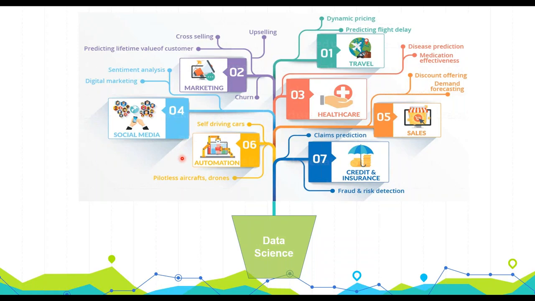The one I just told, where to sell or where to set up advertisements for a new product, is an example of data science in marketing. So you need to classify areas which are most relevant for your product, and you use banners, posters, advertisements in that area so that people get to know about the product more.